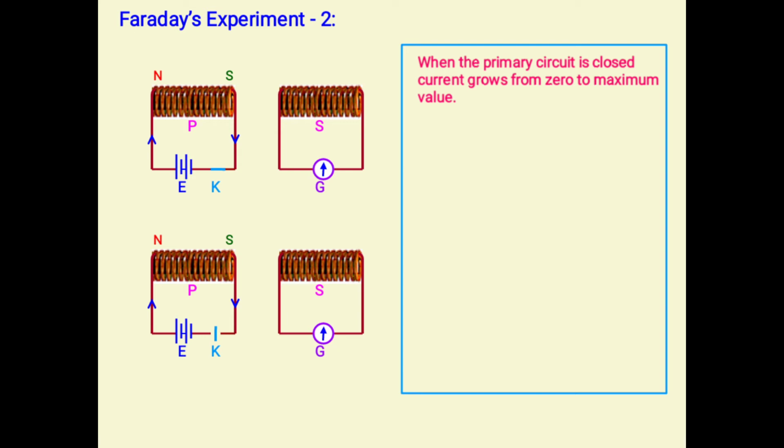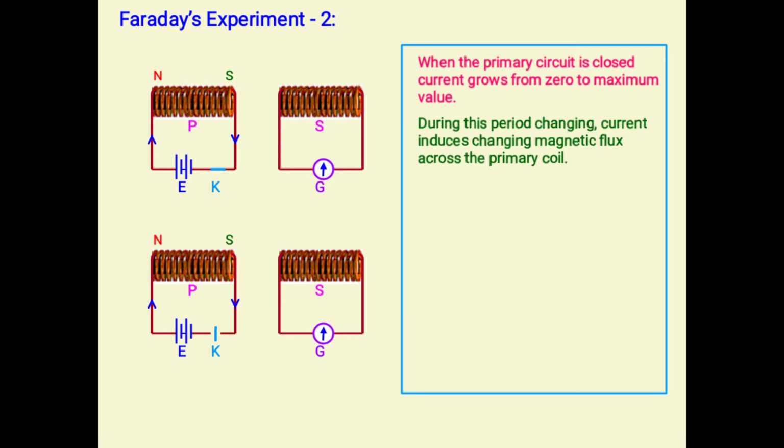That means there is a change in flux. This change in flux in the primary coil is linked with the secondary coil, and if flux changes in the primary coil, the same changes can be observed in the secondary coil also, and if flux changes in the secondary coil, it induces current in the secondary coil.